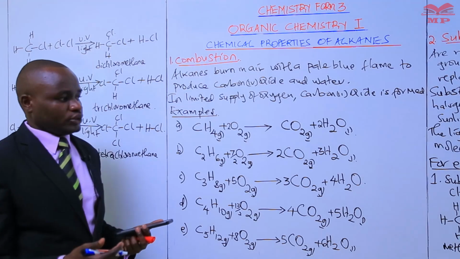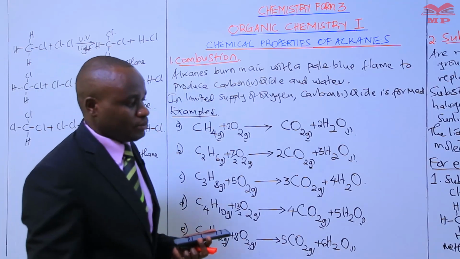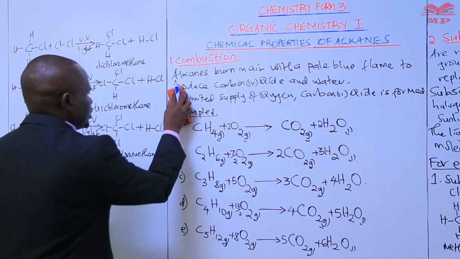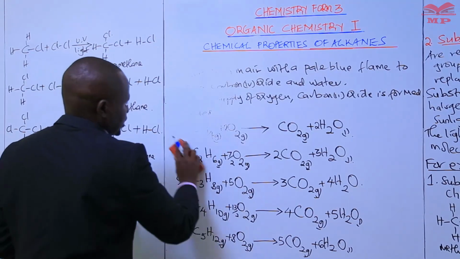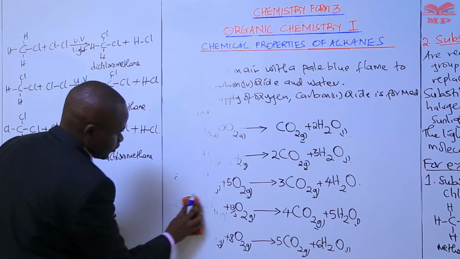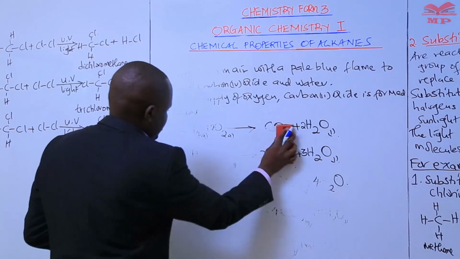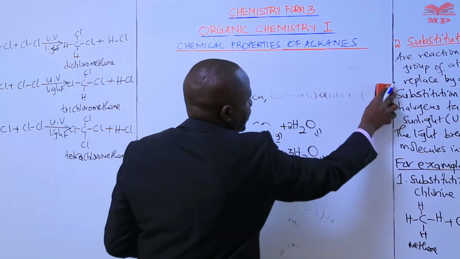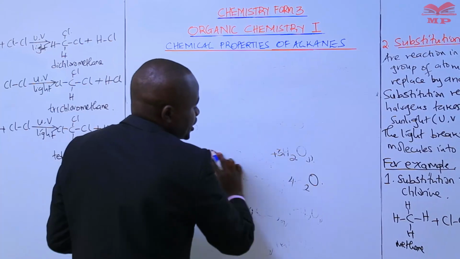We can also look at a substitution reaction of methane reacting with bromine. Then we shall compare the two. So my second example of substitution involves the reaction between methane as well as bromine gas.